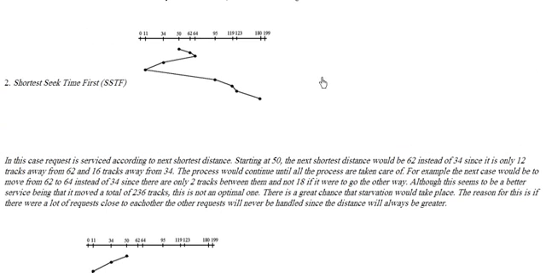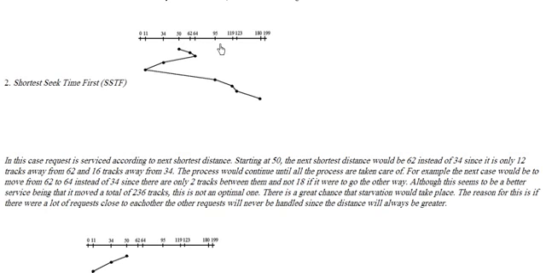So you should notice this case, that there is a chance for starvation, because if there were a lot of requests close to each other, for example, we have 95, 96, 97, many requests close to each other, we can have some kind of starvation.